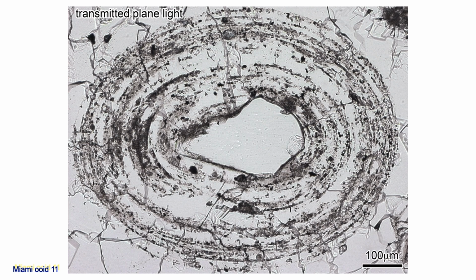The boxed area on the lower left is used to show a step-by-step development of how ooid 11 became a ghostly apparition of its former self due to calcitization.